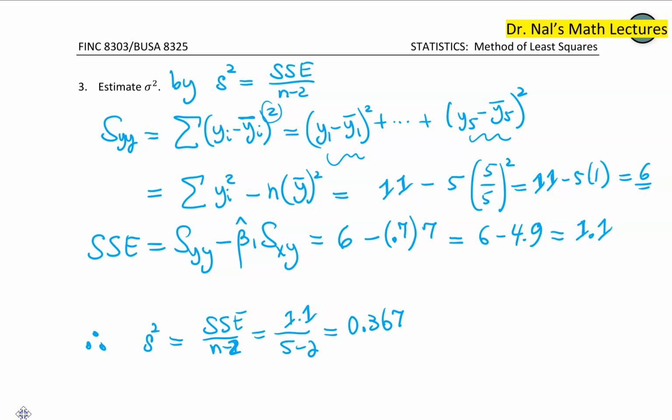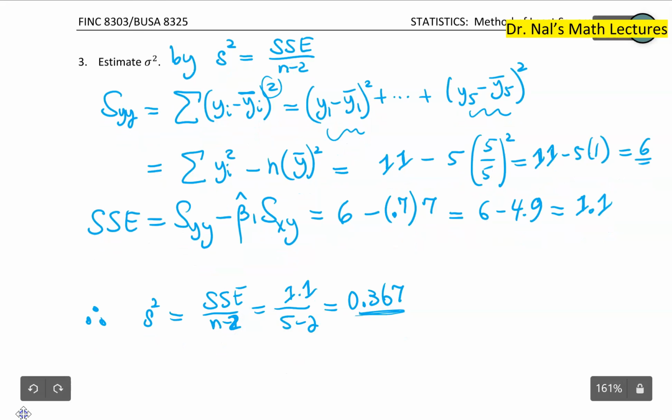So we would use this value because S squared itself is an unbiased estimator for the parameter sigma squared, right? Let me write that down here.